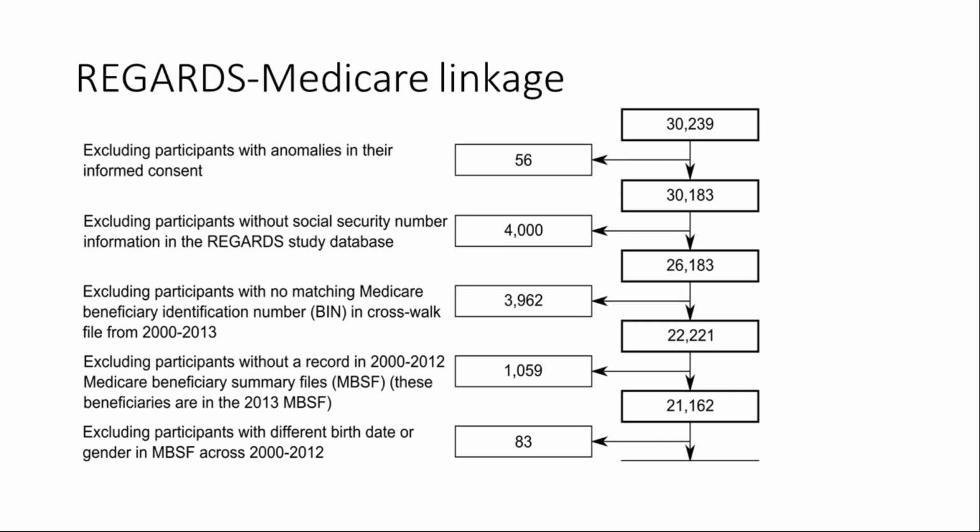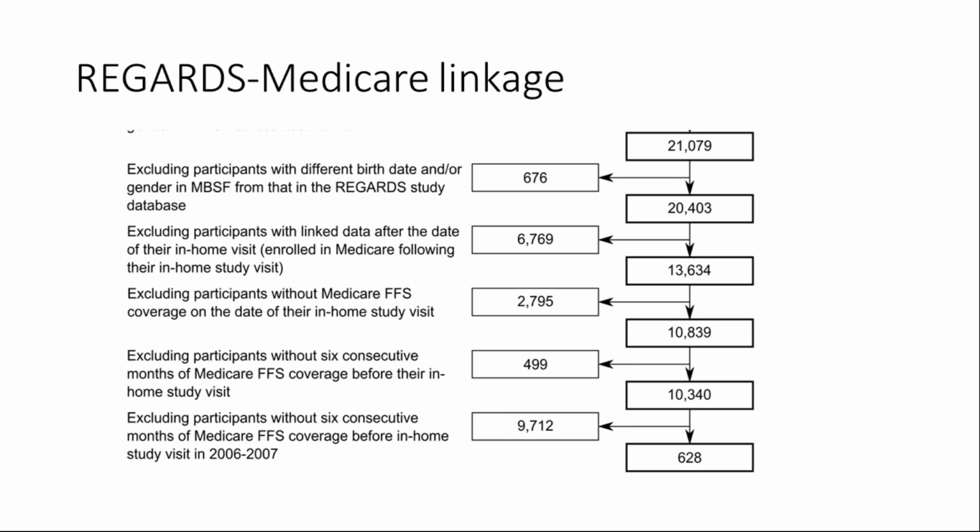You have to start with linkages, so you're starting to exclude people without the Social Security number and then without matching beneficiaries, so you're already down about 8,000 patients. Then you exclude them without a record within the summary file, you're down another 1,000, and then you're always going to have these conflicting weird dates, so you're going to have to throw those people out too.